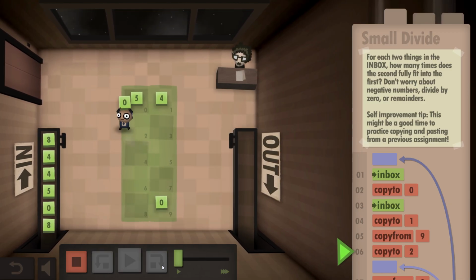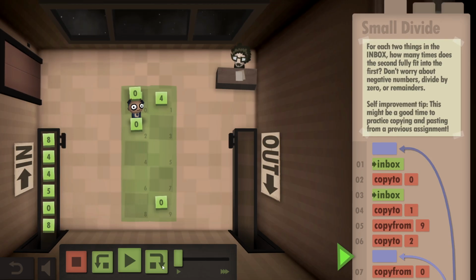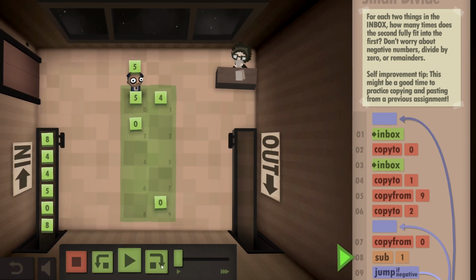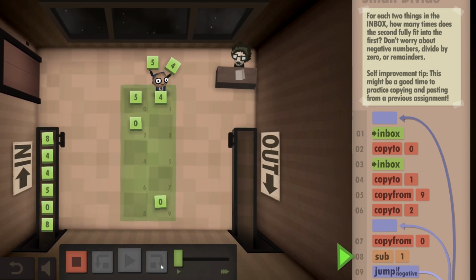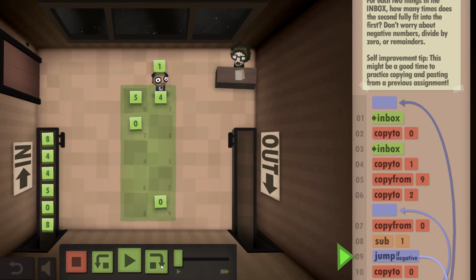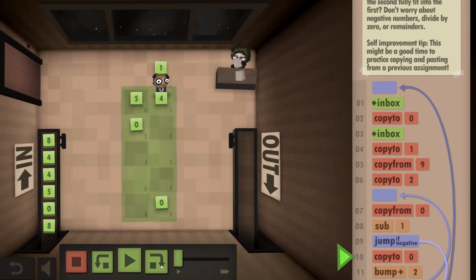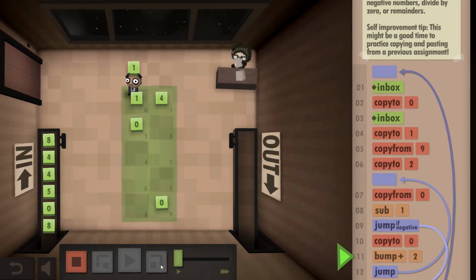Copy it. This is a countdown, right? So subtracting is dividing. And we know that there is at least 1.